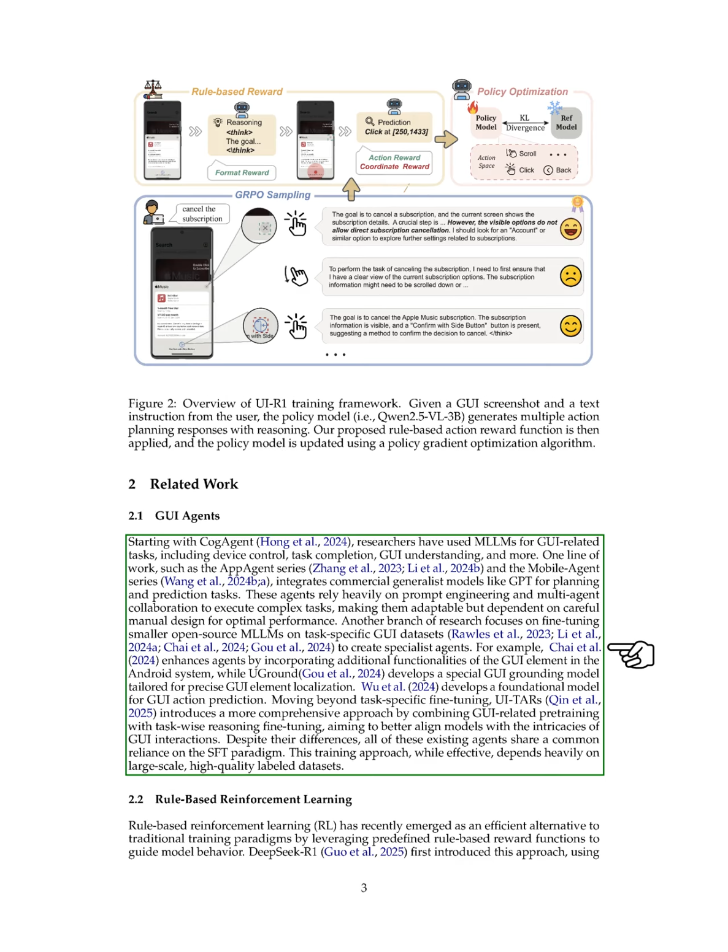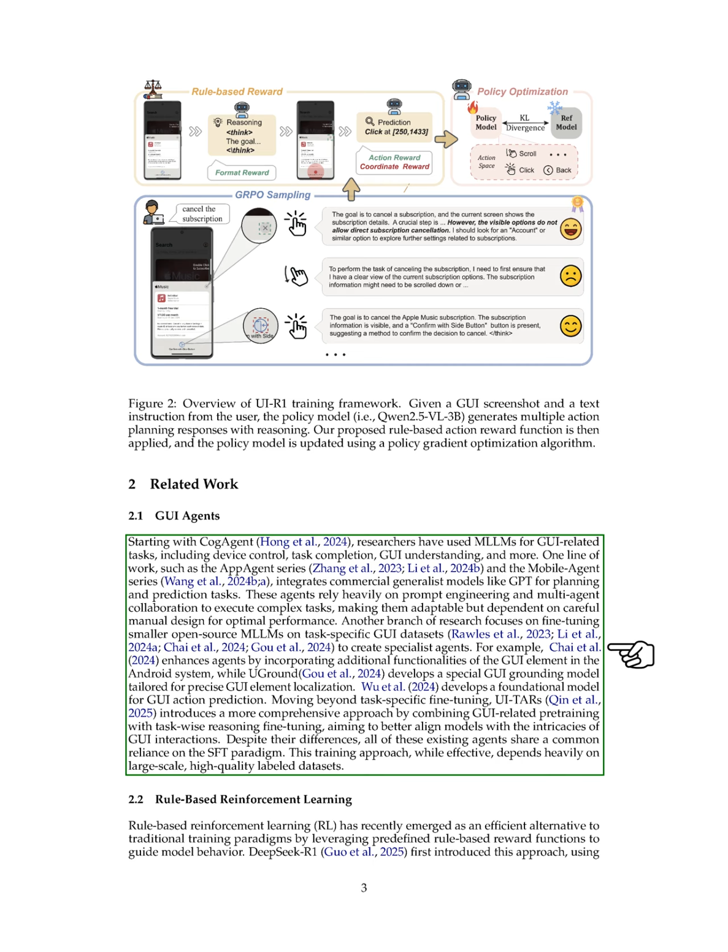Starting with Cog Agent, researchers have applied MLLMs to various GUI tasks, including device control and task completion. Some projects, like the App Agent and Mobile Agent series, use generalist models like GPT for planning and prediction, relying on prompt engineering and multi-agent collaboration. Others focus on fine-tuning smaller open-source MLLMs on specific GUI datasets to create specialized agents.